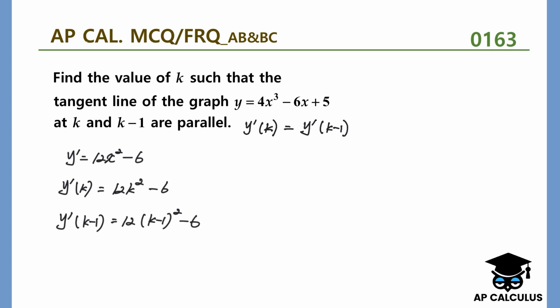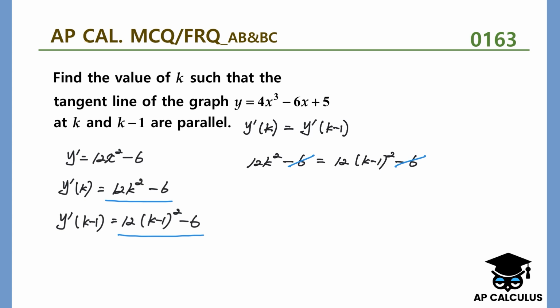So what we can do is set this expression equal to this, right? So we have 12k squared minus 6 is equal to 12 times (k minus 1) squared minus 6. So add 6, right? Then we have 12k squared is equal to 12 times (k minus 1) squared.